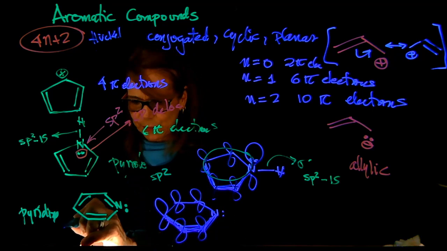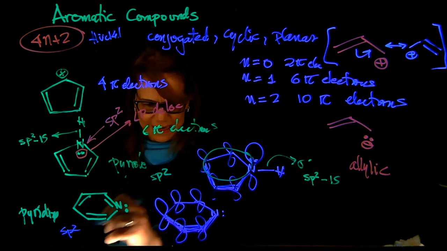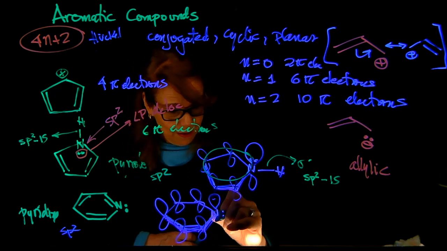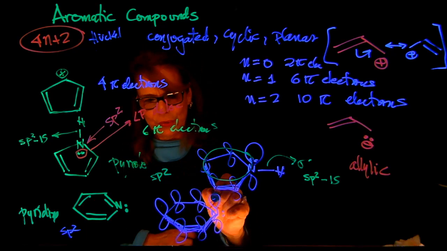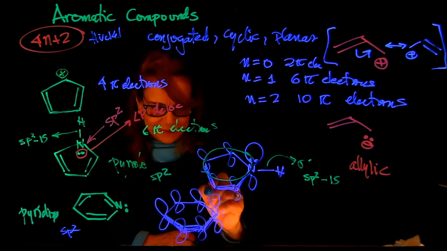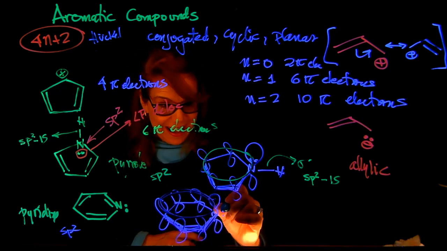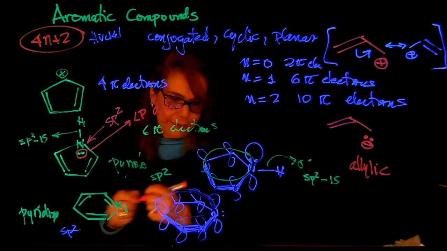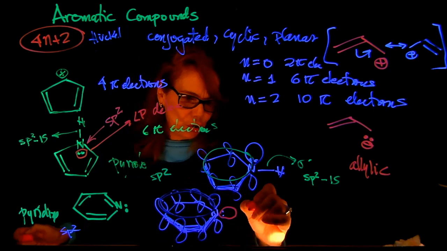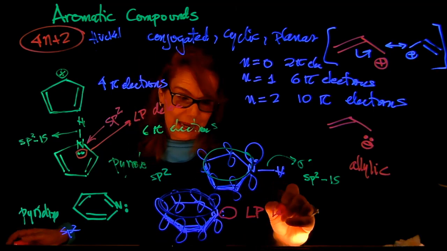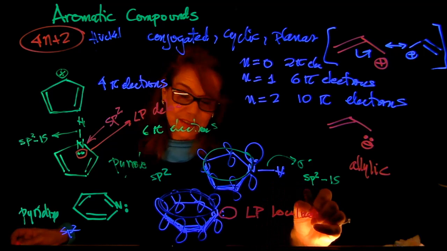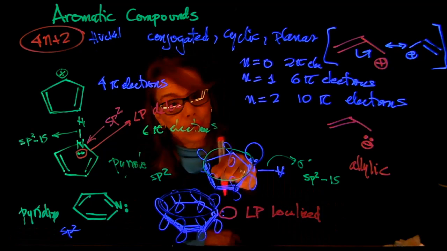So everything is sp2, and these are the unhybridized p orbitals. And hydrogen also is sp2. Using that, you see that in the double bonds you have this electron delocalization. And the lone pair here is localized. So it's not part of the pi system, so you don't count it.